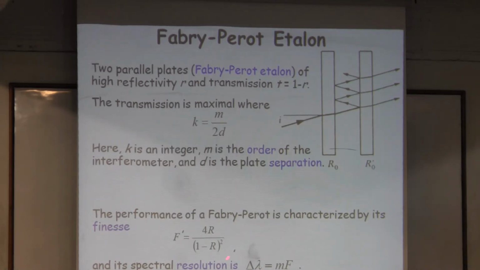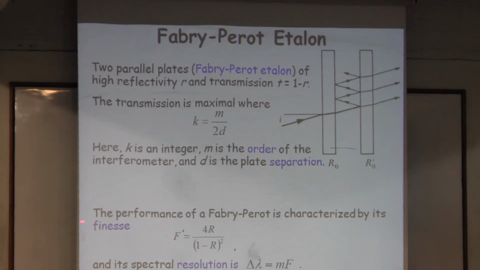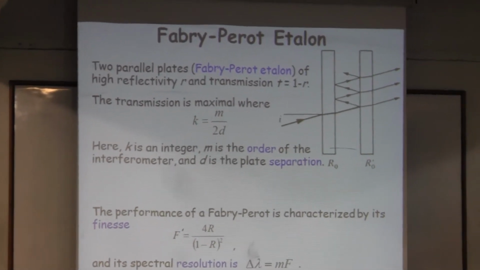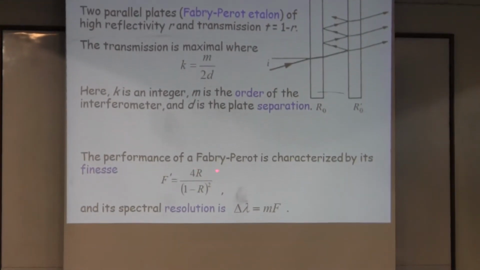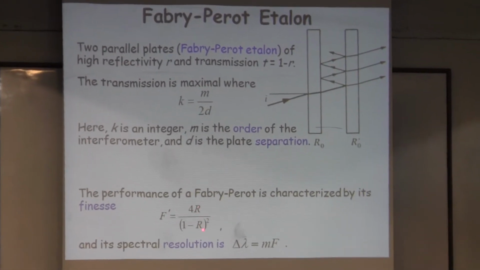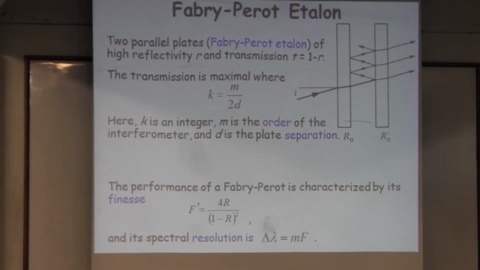Maybe the performance characterization of that Fabry-Perot, I was about to say let's skip this, but then I realized that this may be a question on the test, so I should mention it. The performance of this Fabry-Perot, how well it's doing, is characterized by a quantity called the finesse, which is defined as a function of the reflectance of these plates.